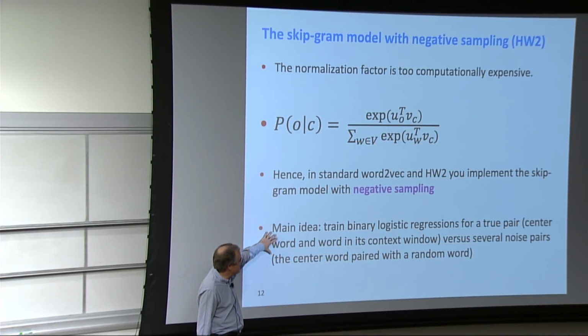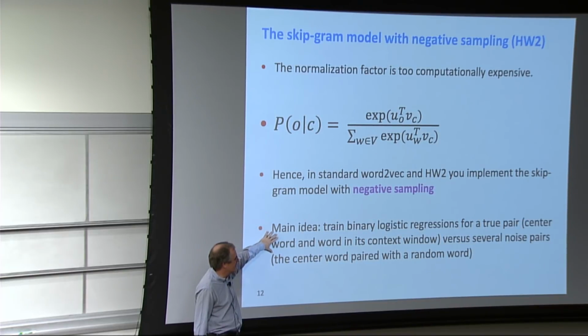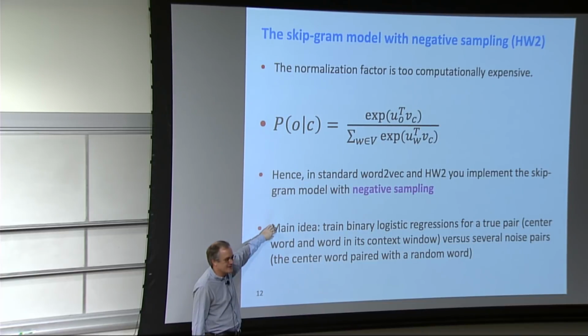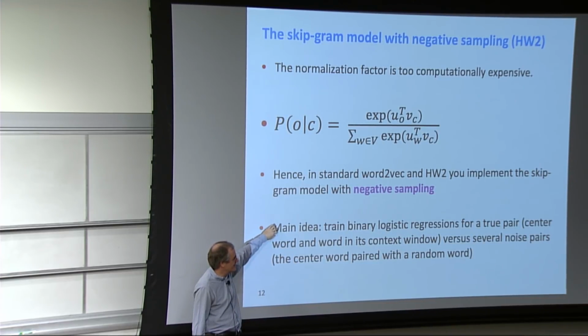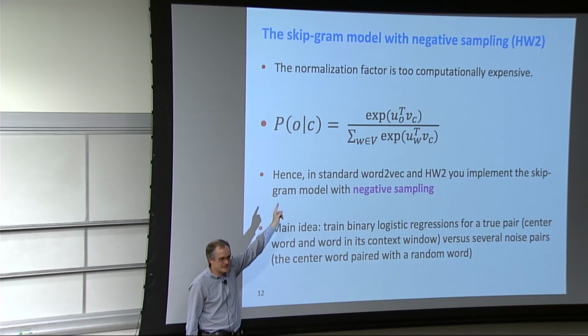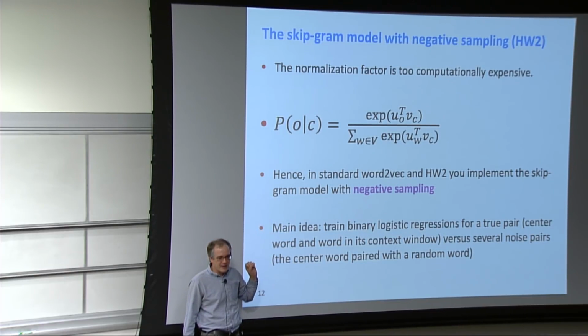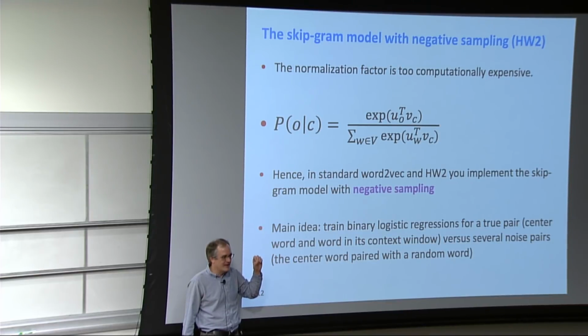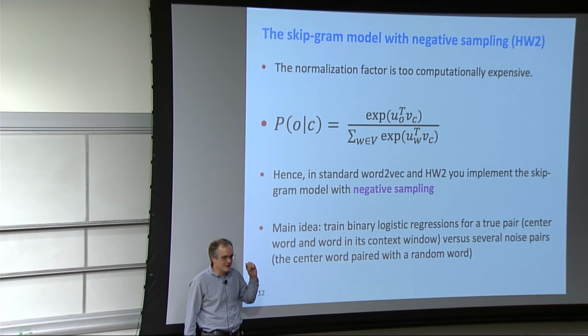The idea of negative sampling is that we're going to train binary logistic regressions instead. We train one binary logistic regression for the actual word observed, what's in the numerator, and you want to give high probability to the word that was actually observed.